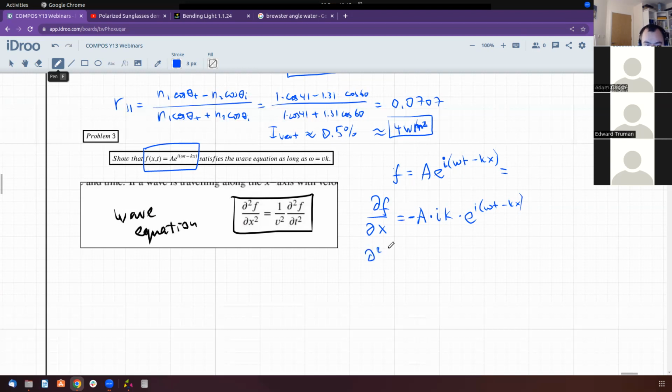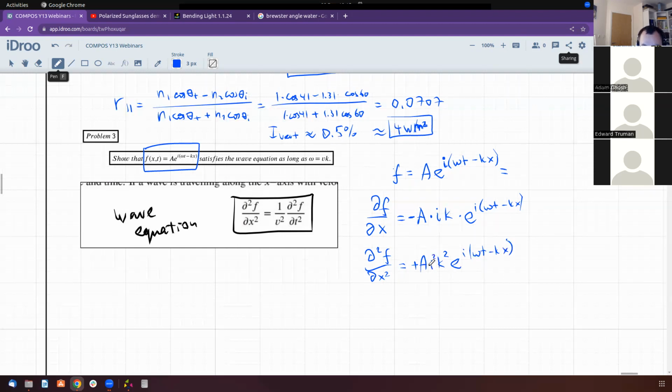Now the second derivative, using the chain rule again. Differentiate this again, I get plus a i squared k squared e^(i(omega t minus kx)).